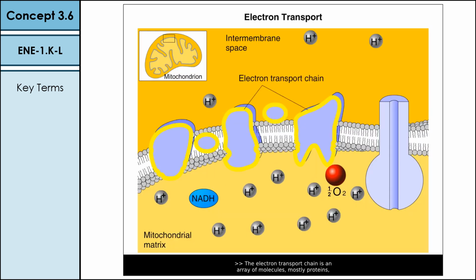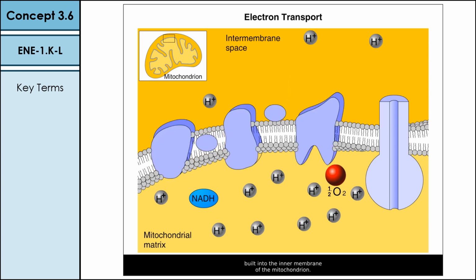The electron transport chain is an array of molecules, mostly proteins, built into the inner membrane of the mitochondria. NADH gives up its high-energy electrons to the first complex in the electron transport chain. The electrons move from one member of the chain to the next, giving up their energy as they are pulled from NADH toward highly electronegative oxygen.